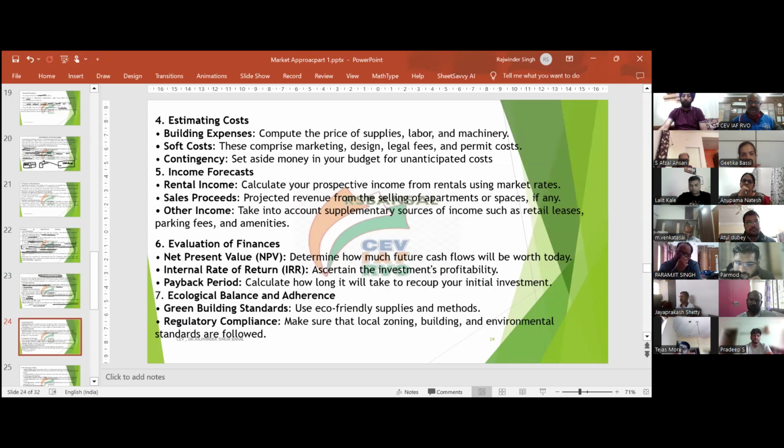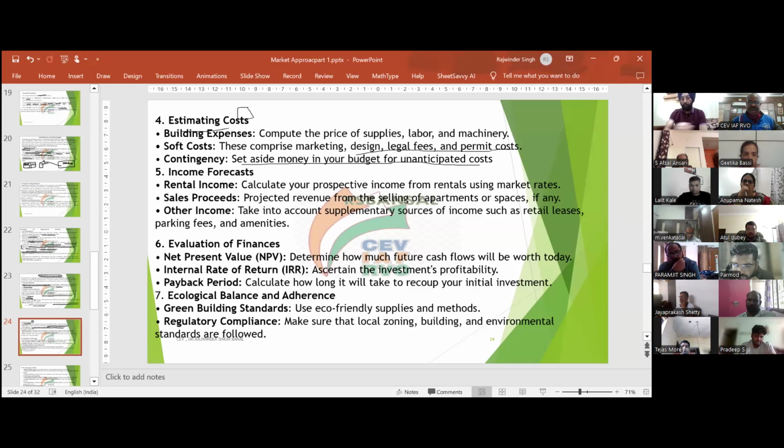Then estimate cost, that is how much it will cost, what will be the cost of the building to be constructed, then what will be the cost on design, legal fees, and permit cost, etc. Then your budget for unanticipated costs, this you should estimate.